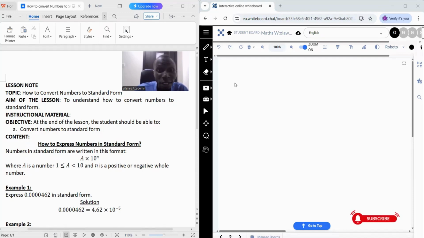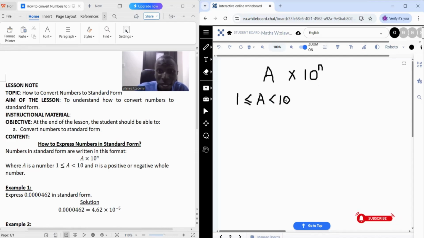Numbers in standard form are written in this format. We have A, which is the first number, multiplied by 10 raised to the power n, where the first number A is a number that is greater than or equal to 1 but less than 10, and the power n is a positive or a negative whole number.